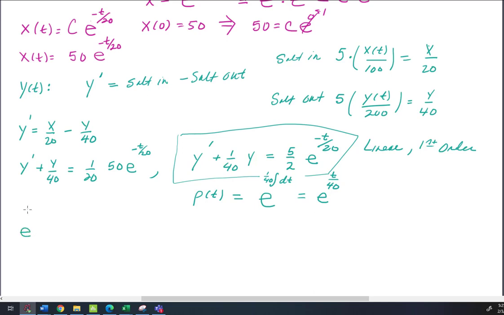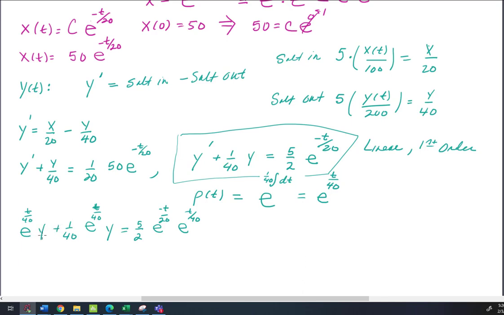So I get an e to the t over 40 y prime, remember I'm multiplying right here by the integrating factor, plus 1 over 40 e to the t over 40 y is equal to 5 halves e to the negative t over 20, and then I've got to multiply by this one, e to the t over 40. Now let's clean that up.